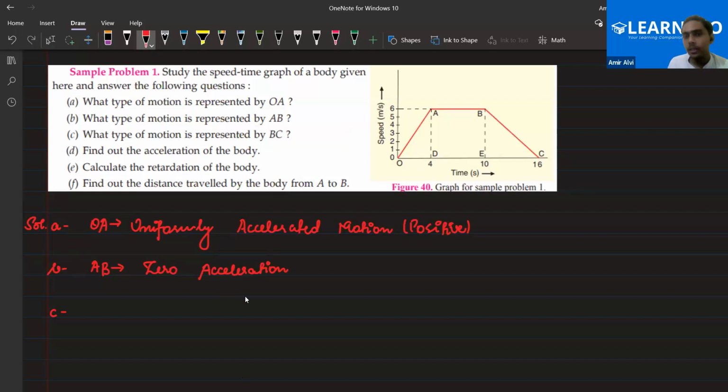Is this clear? So from point B to C, it is also uniformly accelerated motion. It's a straight line, but in the downward direction. So that would be negative. Okay, so it is BC.